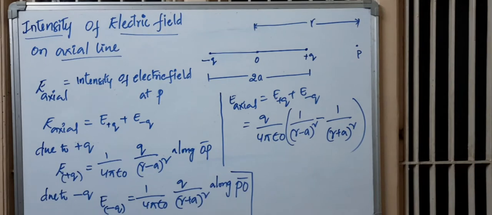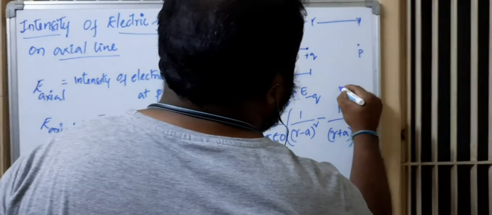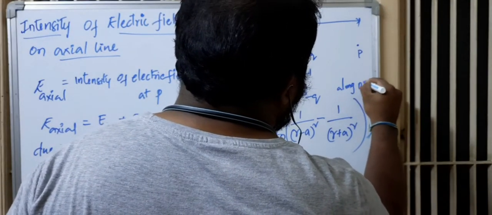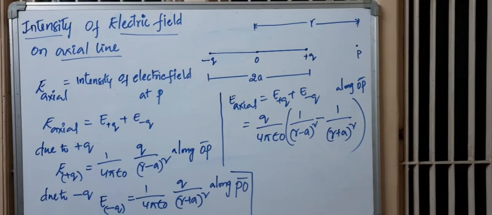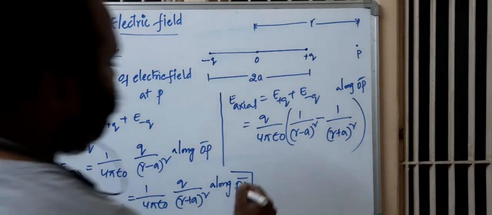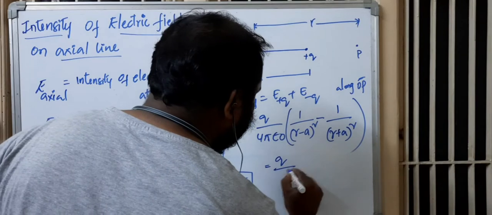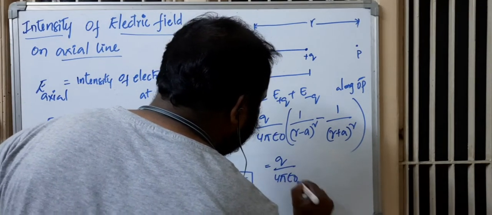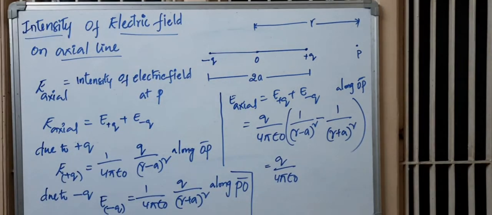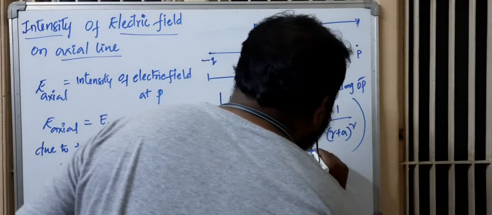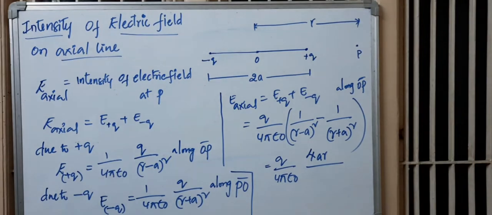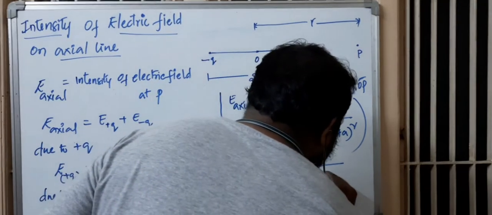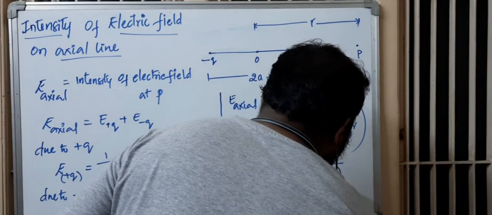So we have taken minus along OP. Then on simplifying, Q by 4 pi epsilon naught, and on taking LCM we will get 4ar by (r square minus a square) whole square.